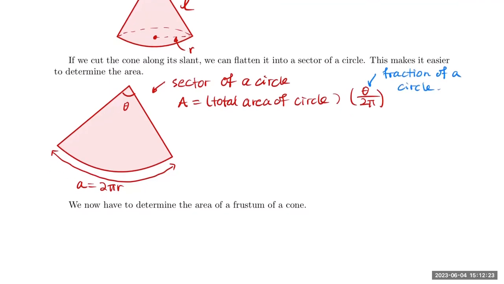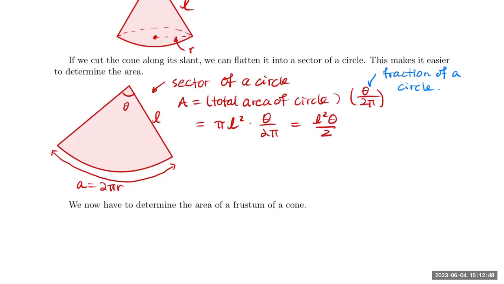So because the total area of a circle is just going to be pi times L squared, so we still have the length L. So pi L squared, then we have theta divided by 2 pi. This then becomes the length squared times theta divided by 2.